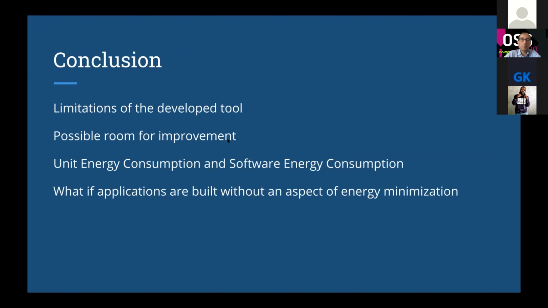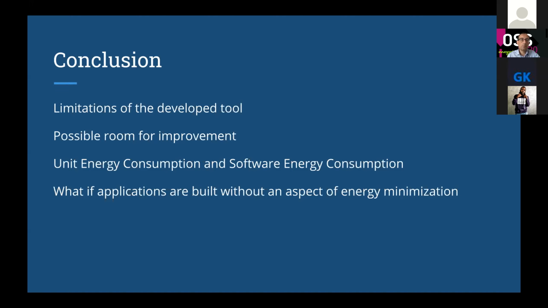I'm happy we're at the conclusion. So what are the limitations of our developed tool? We can only go as low as user processes. Any finer granularity of energy related, maybe the circuits, is unachievable. So that's where we can end, and we can only give values for these user applications which are running.